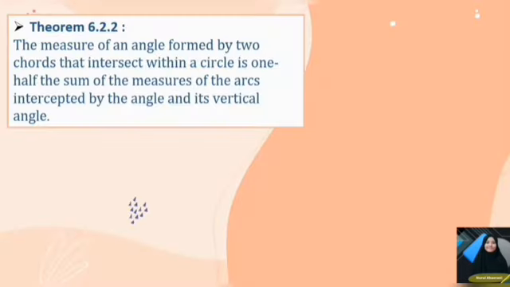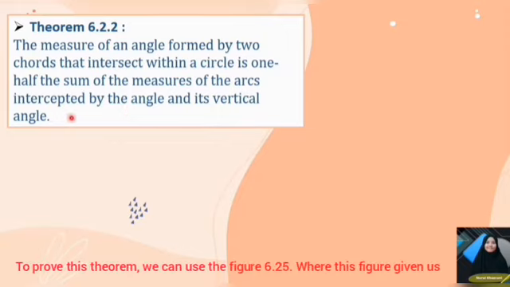Theorem 6.2.2. The measure of an angle formed by two chords that intersect within a circle is 1/2 the sum of the measures of the arcs intercepted by the angle and its vertical angle.